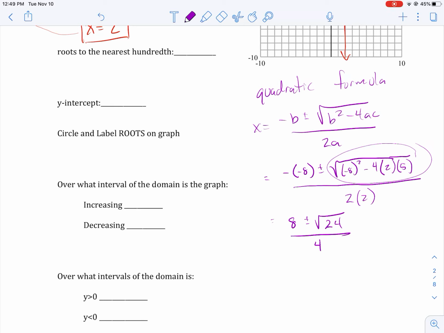I guess I can simplify that even further. No, I can't. Okay, so we're good there. Notice we have this plus or minus right here, which means our answers are x equals 8 plus the square root of 24 divided by 4, and x equals 8 minus the square root of 24 divided by 4.